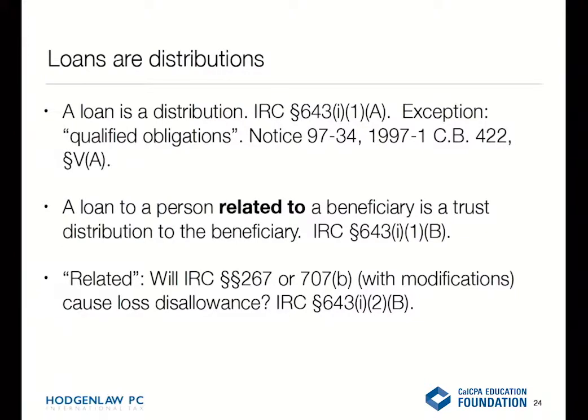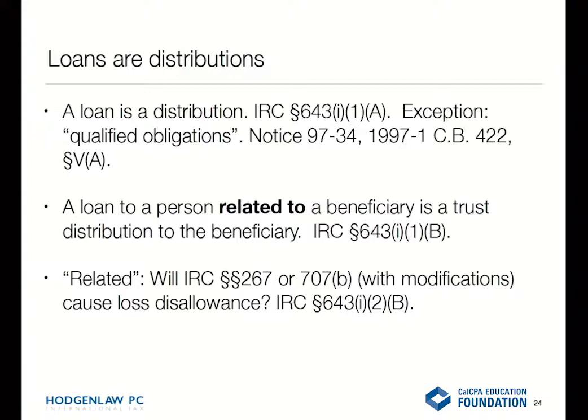So the loan issue. Loans in general are all considered to be distributions, and then there's an exception to that where if a loan meets certain criteria, it's what's called a qualified obligation, and qualified obligations are the only loans that are actually treated as loans when they come from foreign trusts.